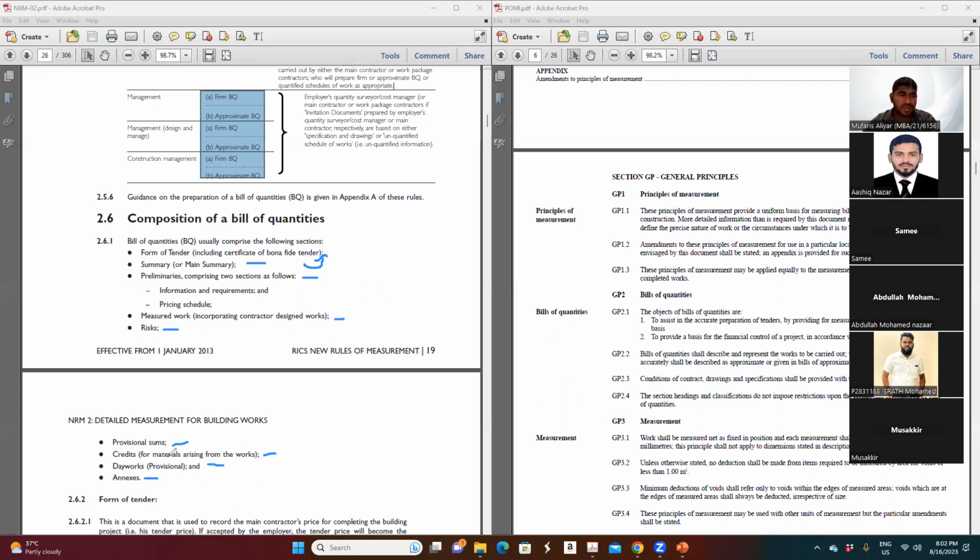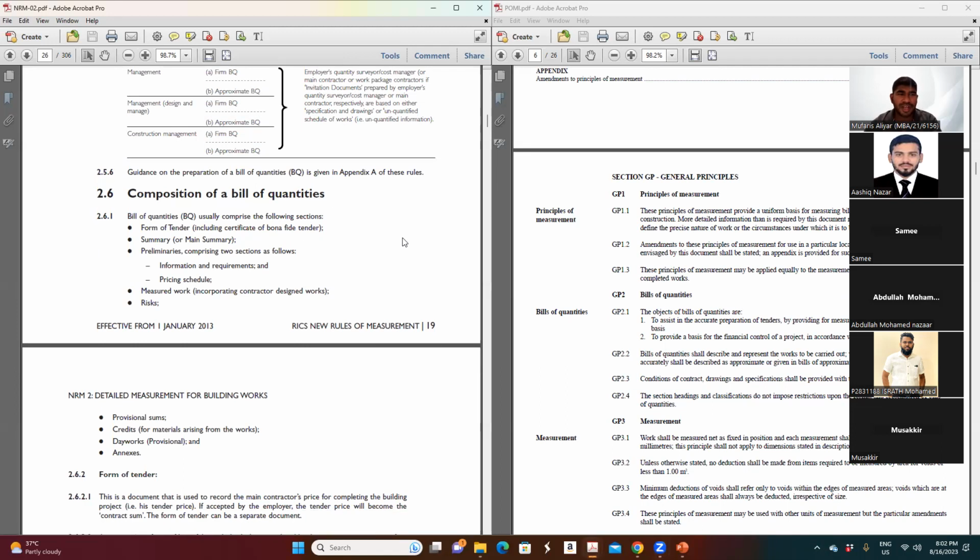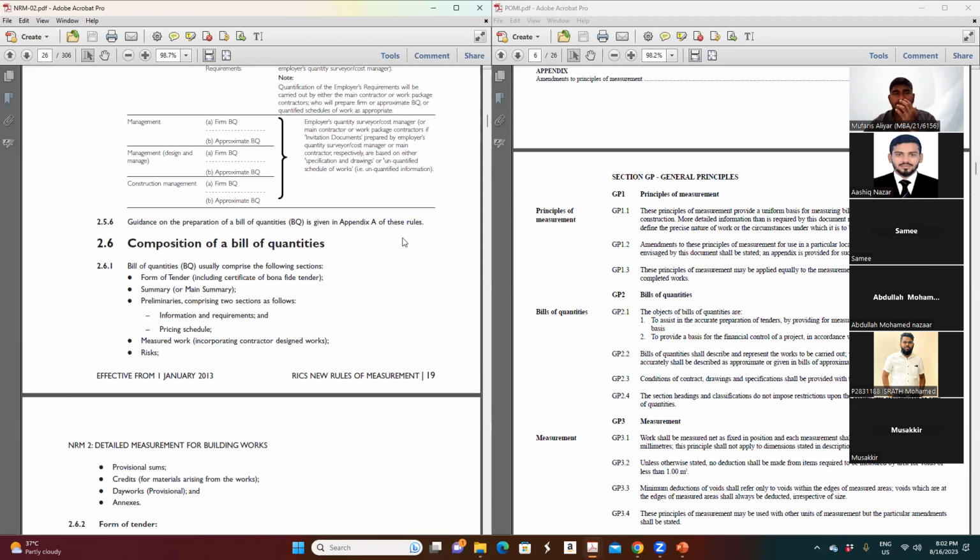Some of you are probably hearing some terms here for the first time in the content of the bill of quantities. This is not my standard; this is the standard of RICS. They say that when you prepare a bill of quantities, your package should consist of all these documents.